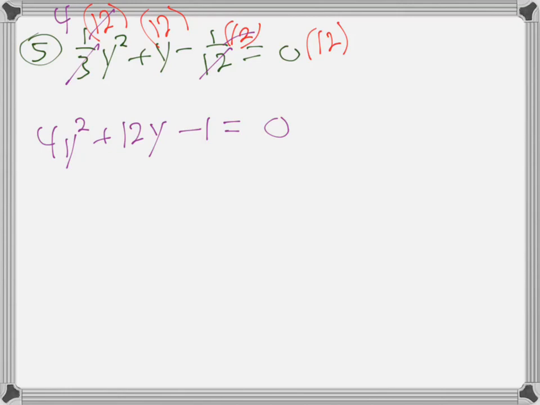Take it from there with the quad. So I'll put the quad up again. Negative b plus or minus square root b squared minus 4ac all over 2a. So plug into the quad.